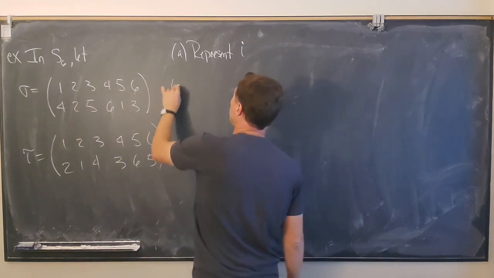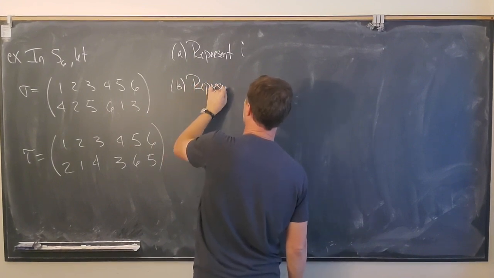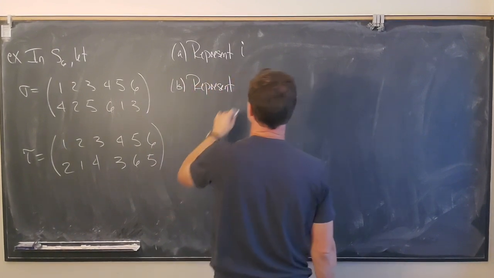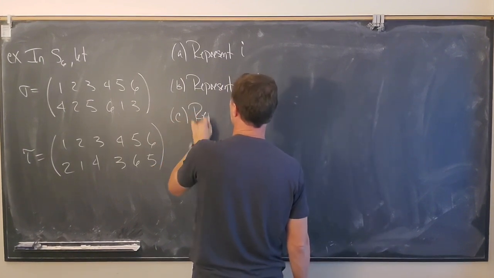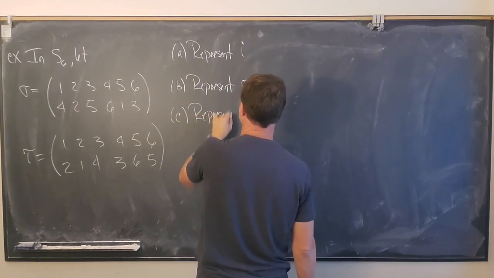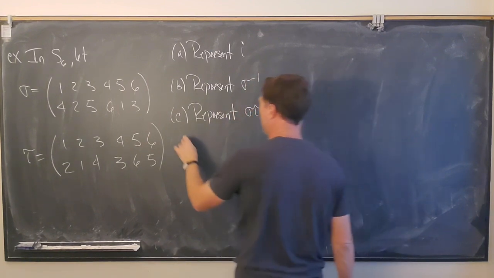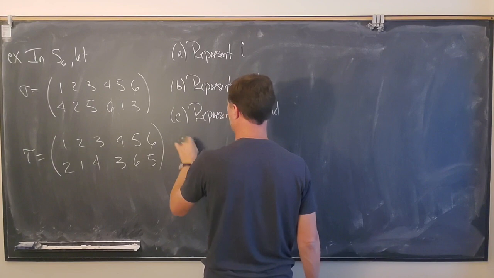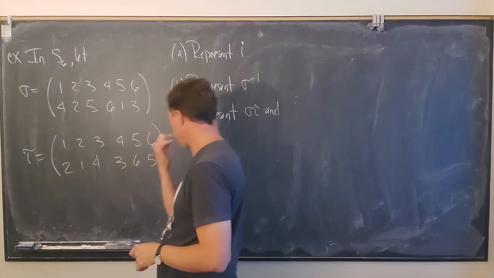But then part B, let's represent sigma inverse. And then part C, let's represent sigma tau and tau sigma. Okay, so 3 different parts to this problem.